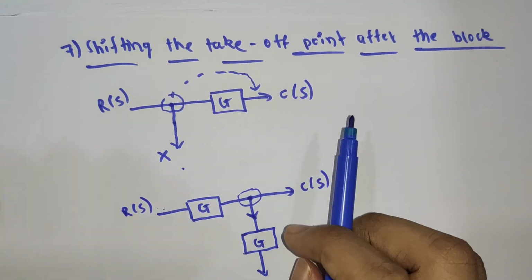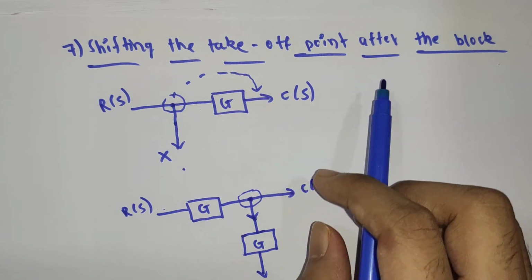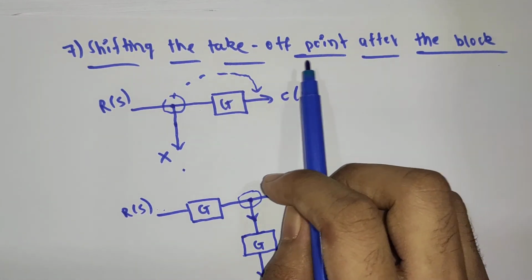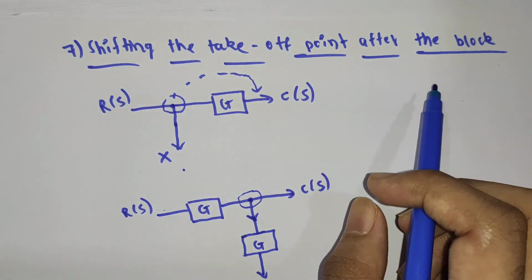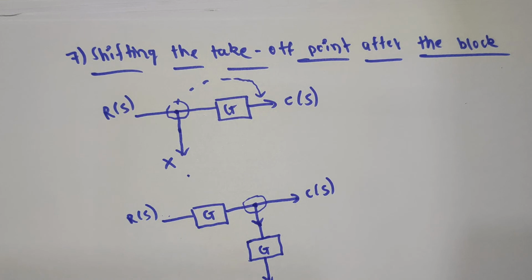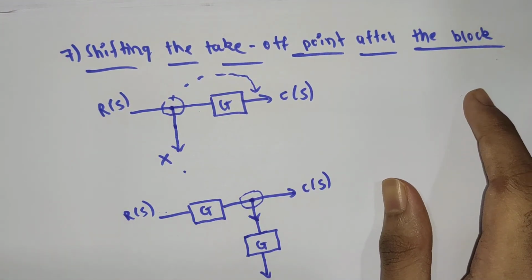And this one is similar to shifting a summing point before the block, and here it is a takeoff point after the block. So those two are the similarities, or you can relate them together.